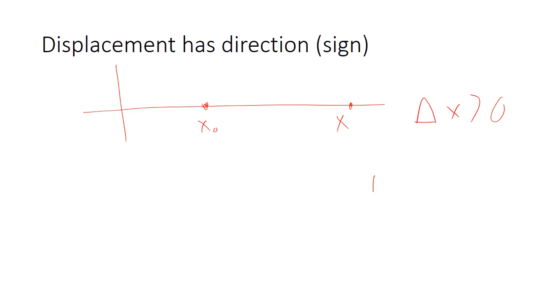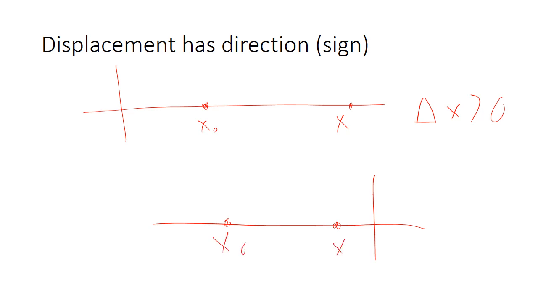Displacement has sign. We just talked about plus and minus. So I put my origin here. Okay, I started there, I ended there. So this is my x naught, that's my x, my final position. And so in that case, then delta x is positive. But wait a minute, what if I put my origin here like that? Okay, now that's x naught, that's x.